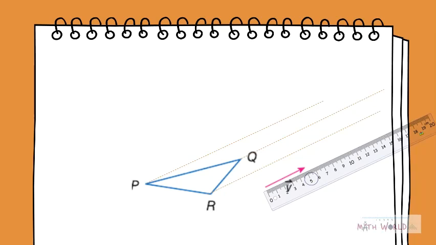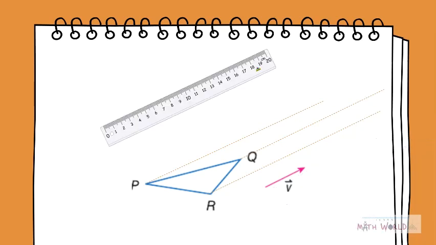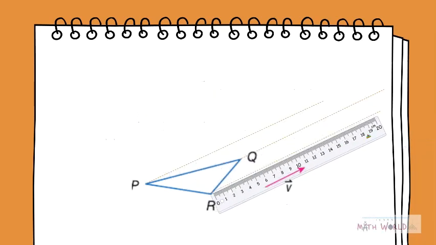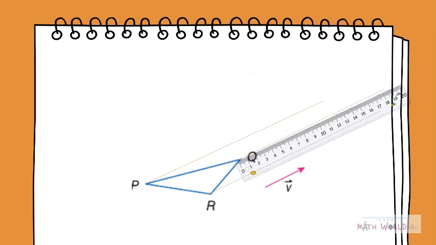Let's start from the vertex R. So we need to plot a point on 5, and this is R dash. Then start from the next vertex, vertex Q, and plot a point on 5. This is Q dash.